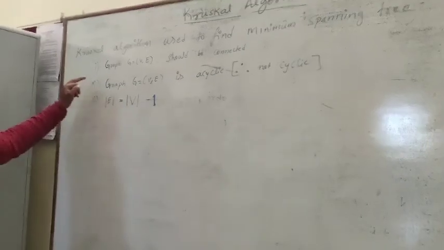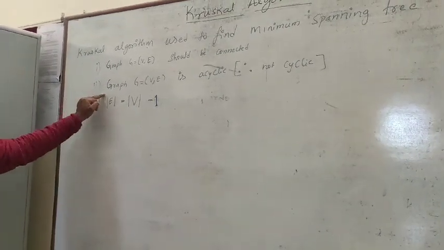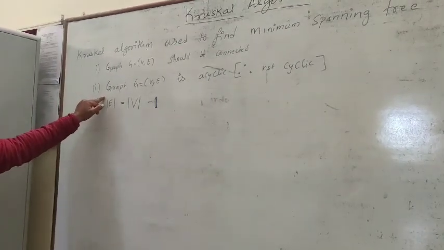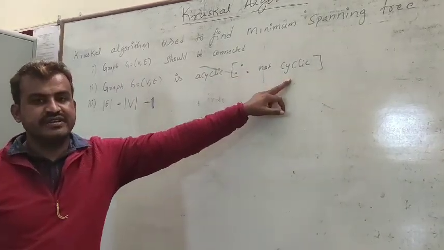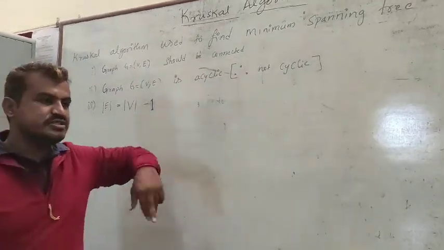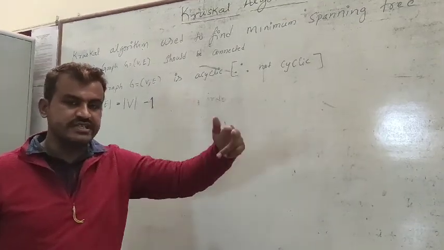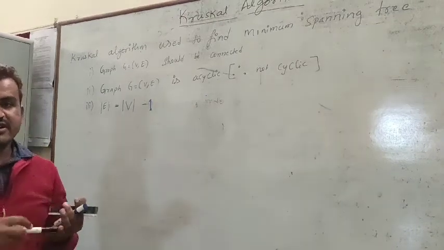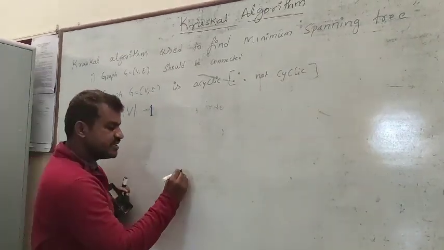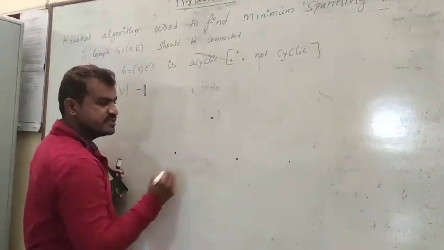The next condition is the graph is acyclic, meaning not cyclic. That means all nodes are connected, but there is no cycle in the graph. Example, consider 3 points.